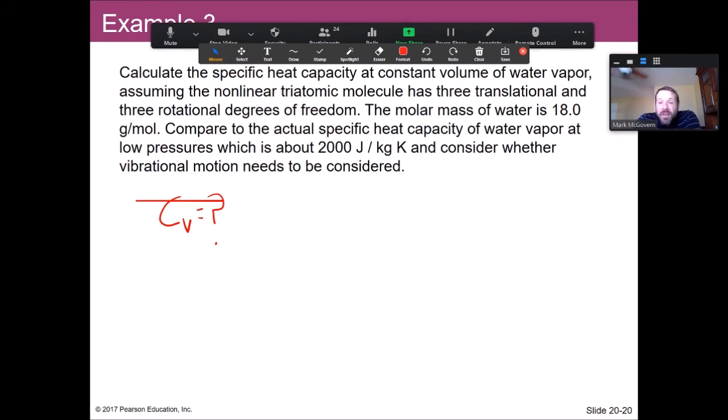Assuming water vapor, assuming that the nonlinear triatomic molecule has 3 translational and 3 rotational degrees of freedom. What? Well, that's 6. Okay, so that's 6 degrees of freedom.